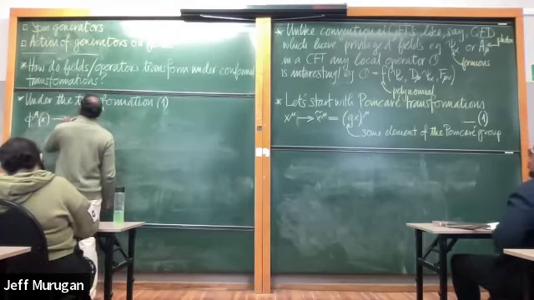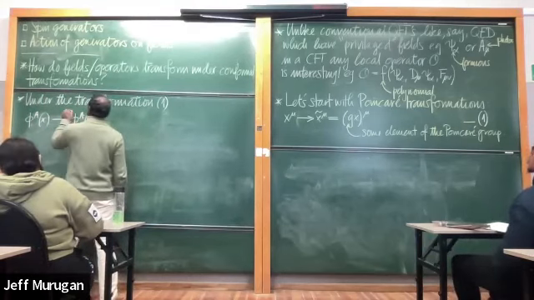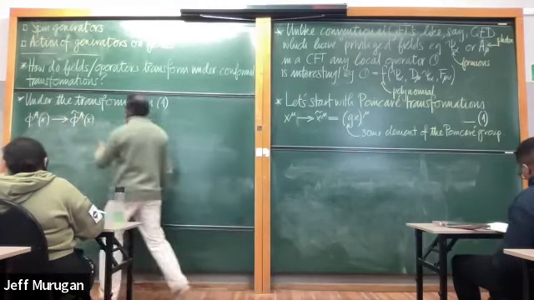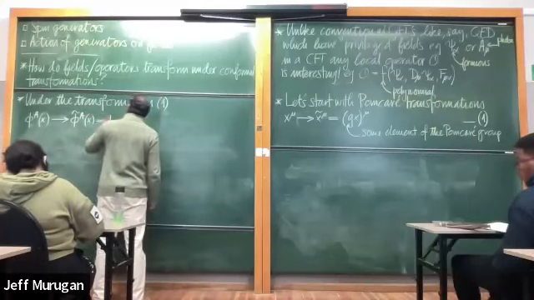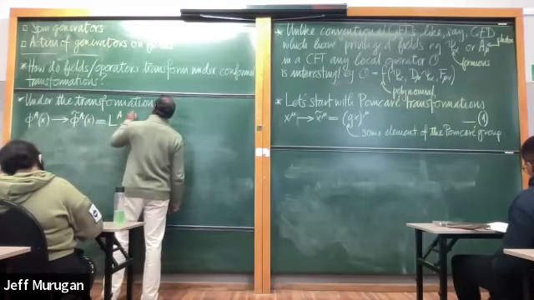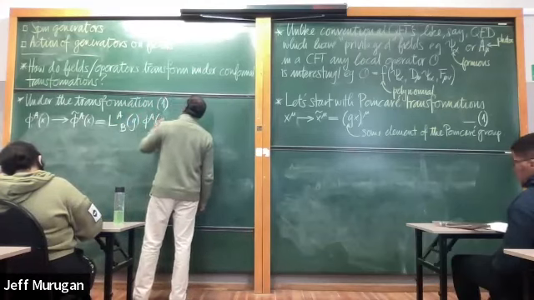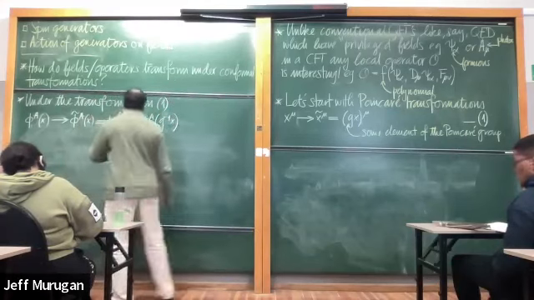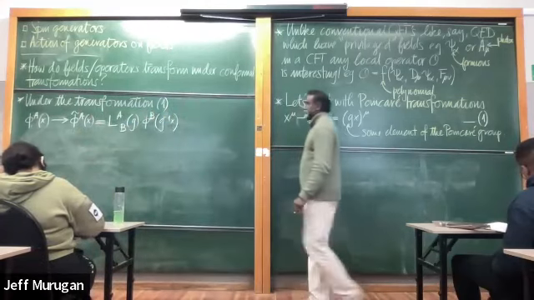So phi A will go to phi A tilde. Label all of these things just now of x. And phi A tilde of x is L A B of G times phi B of G inverse x.